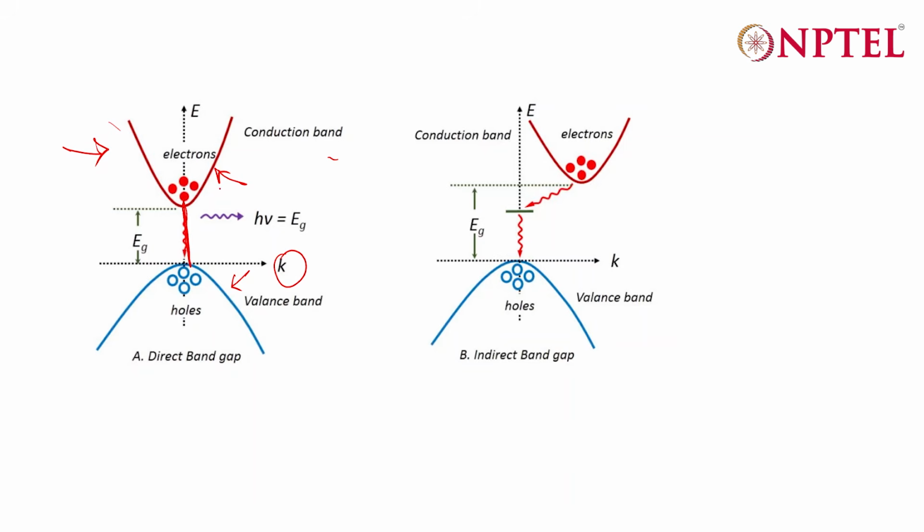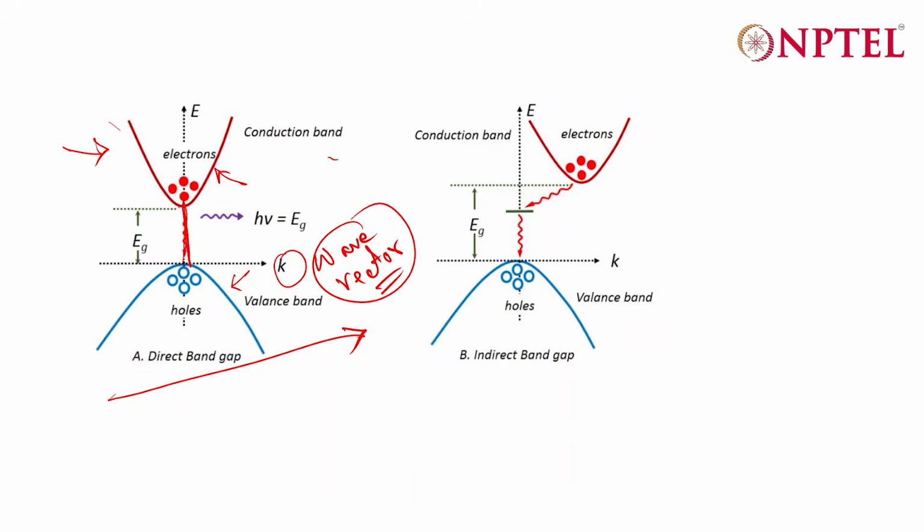So minima of conduction band and maxima of valence band are at the same wave vector value. This is known as wave vector or propagation constant.